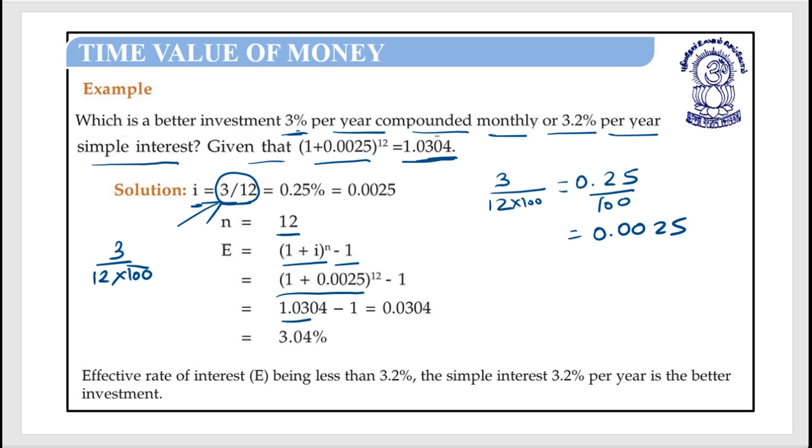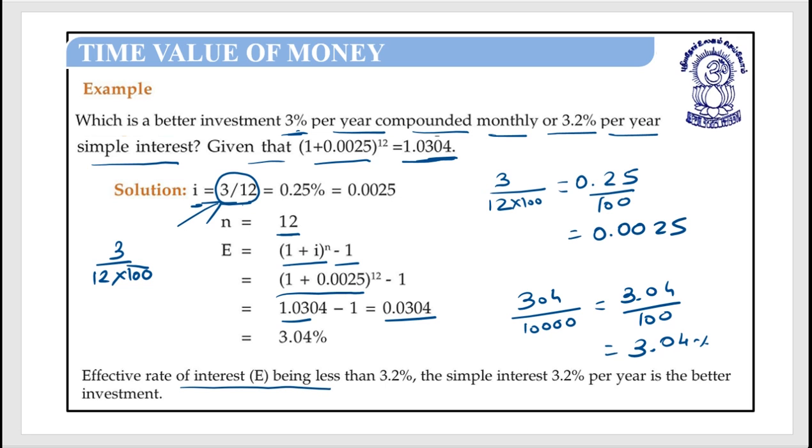1.0304 is given. Minus 1 is equal to 0.0304, so 304 by 10,000, or 3.04 by 100. In terms of percentage, 3.04%. Effective rate of interest is less than 3.2%.